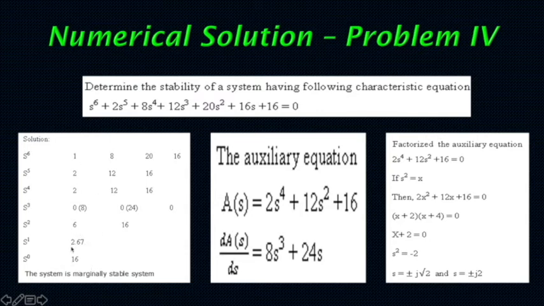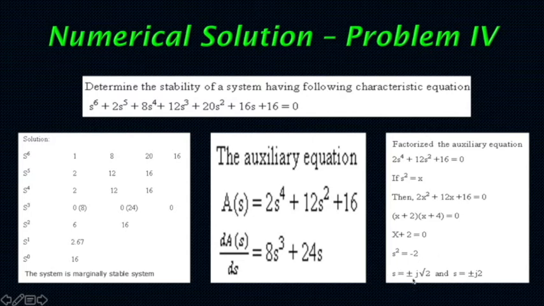But there is no sign change in the system. If there is no sign change, then factorize the auxiliary equation. If s^2 equals x, then 2x^2 plus 12x plus 16. So factorize: x plus 2 into x plus 4 equals 0. x plus 2 equals 0, so s^2 equals minus 2.